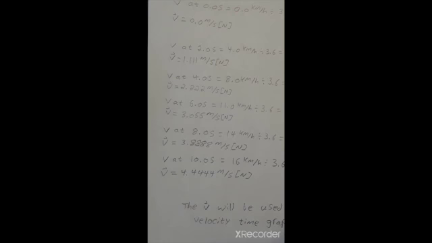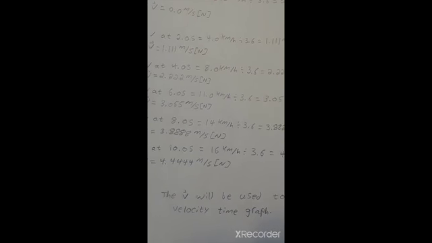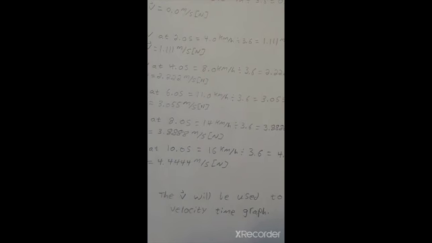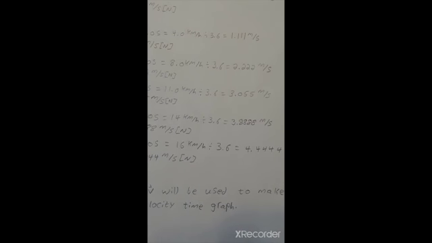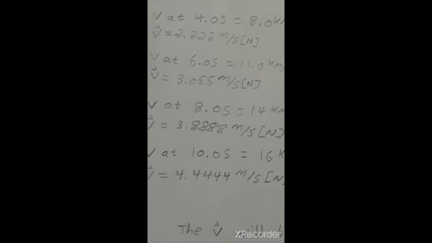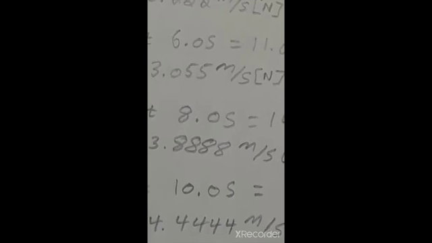Speed at 6.0 seconds is equal to 11.0 kilometers per hour. Divide that by 3.6 is equal to 3.055 meters per second. That means our velocity, 3.055 meters per second north.